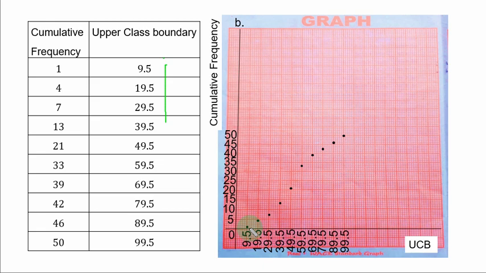point is 1 against 9.5. Somewhere here is 1. One line is 1 unit on the vertical axis. 4 is 19.5. 7 is 29.5. You have 13 is 39.5. You have 21, 49.5. 33 is 59.5.